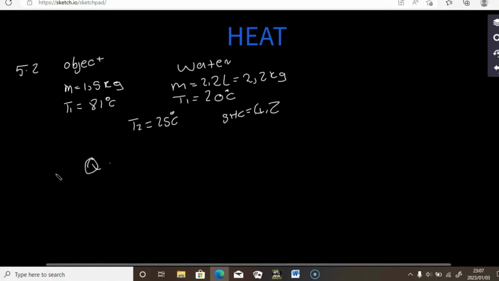the heat energy lost by the object is equal to the heat energy gained by water.